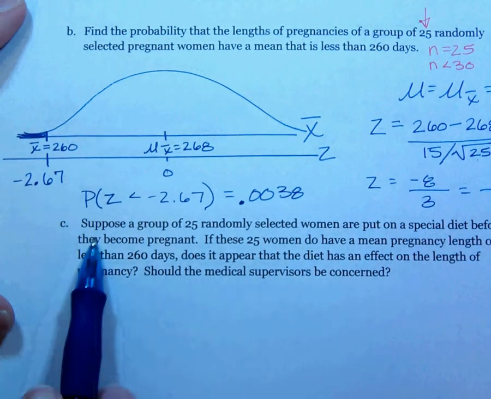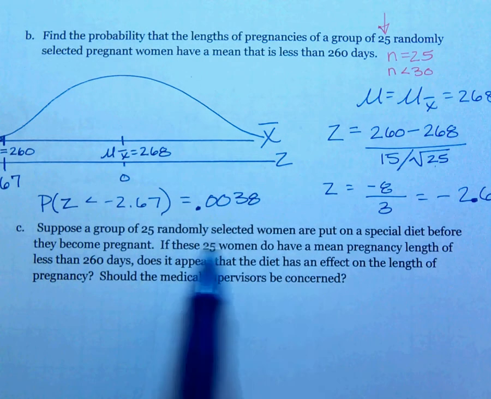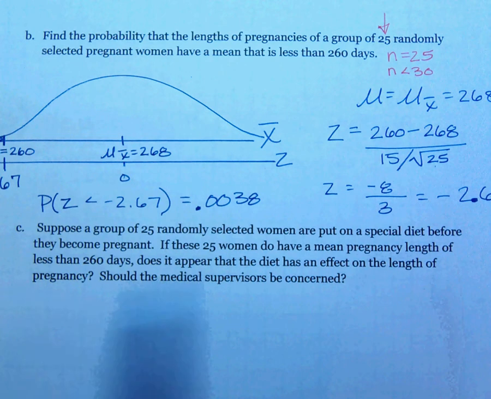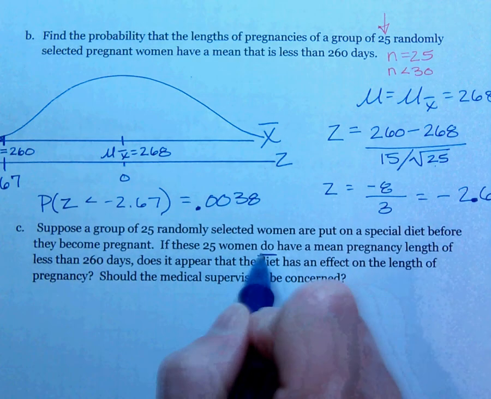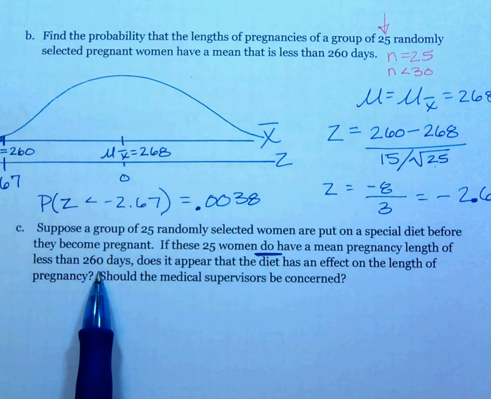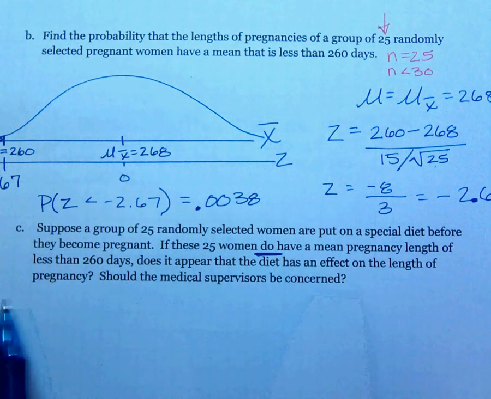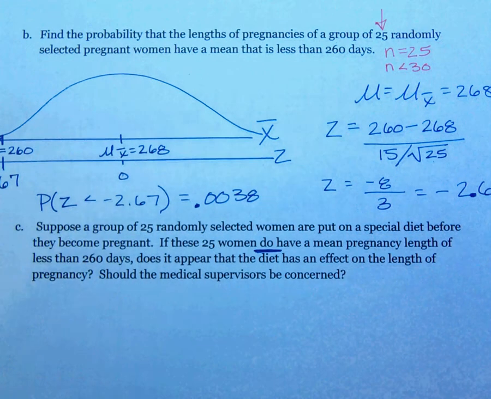So now let's look right here, part C. It says, suppose a group of 25 randomly selected women are put on a special diet before they become pregnant. If these 25 women do have a mean pregnancy length of less than 260 days, does it appear that the diet has an effect on the length of pregnancy, and should the doctors or medical supervisors be concerned?